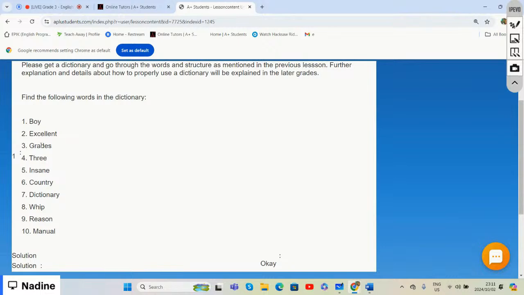Try to find the meaning of boy, the meaning of excellent, the meaning of grades, the meaning of three, as in the number three, the meaning of insane, country, dictionary, reason, and manual.